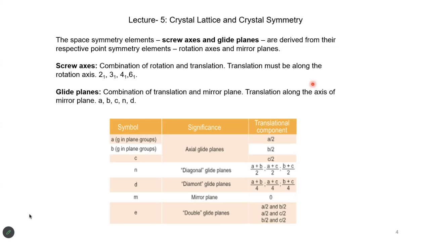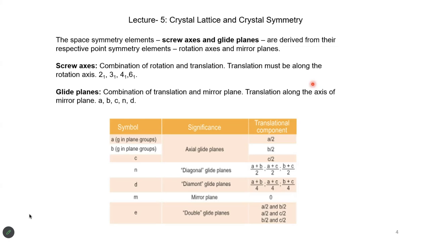But now we have to come to space groups. Point groups and space groups are very essential to find crystal structures and discuss various crystal properties. So now we have to go to space groups.